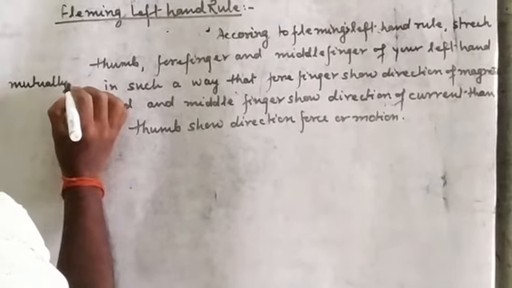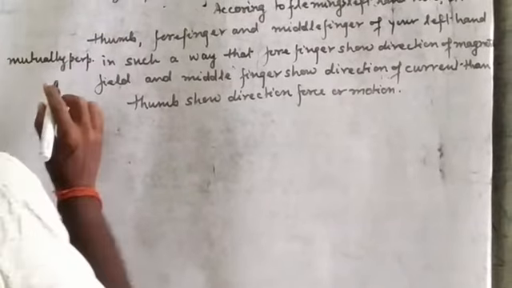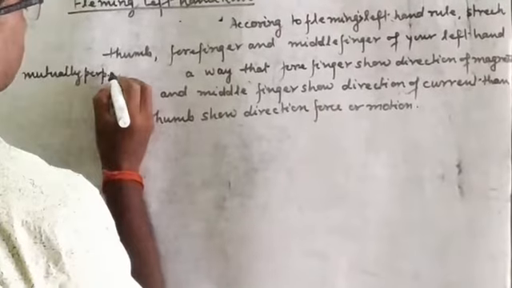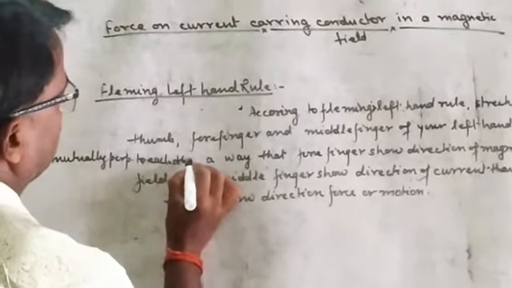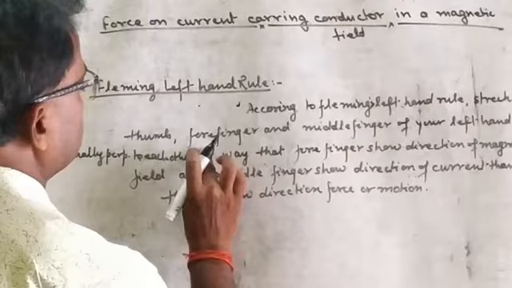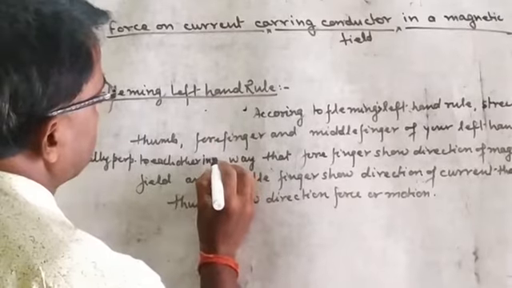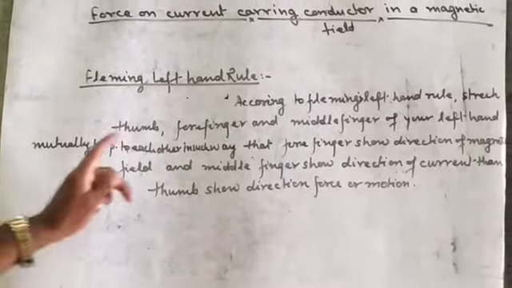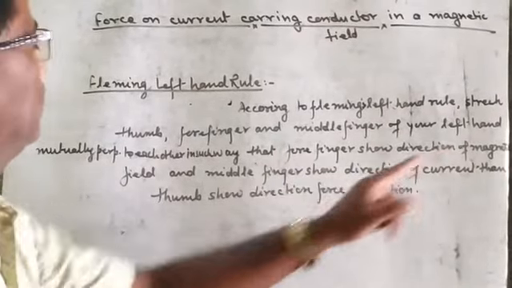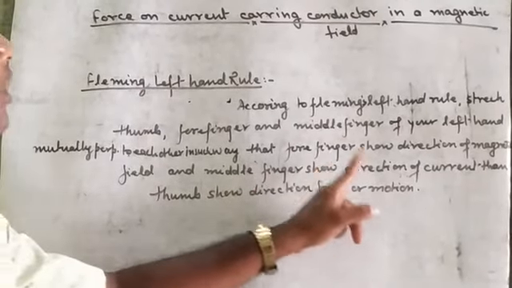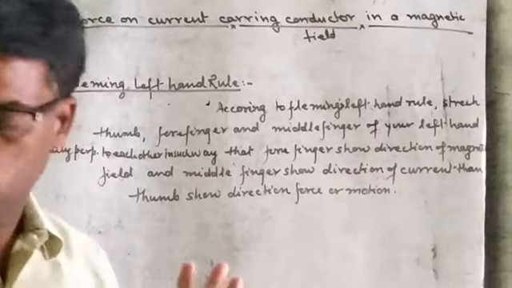Stretch them perpendicular to each other in such a way that the forefinger shows the direction of magnetic field and the middle finger shows the direction of current, then the thumb shows the direction of force or motion.